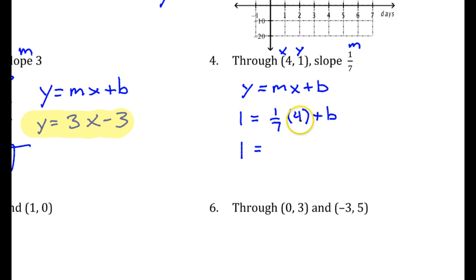Equals 1/7 times 4 is 4/7. Drop 4/7 on both sides. B equals 1 minus 4/7, so it's 3/7.